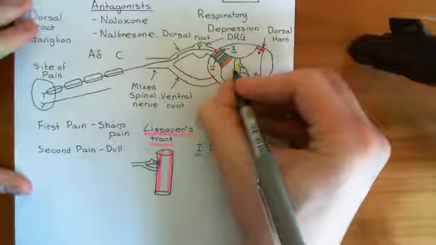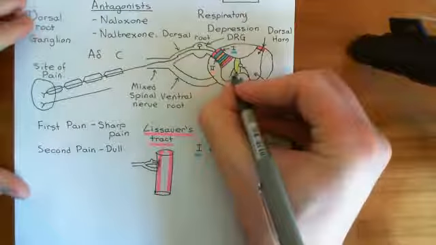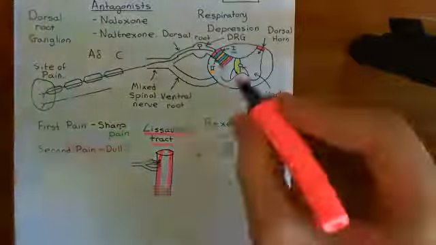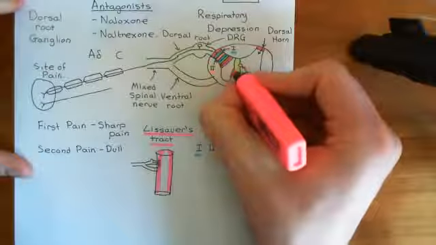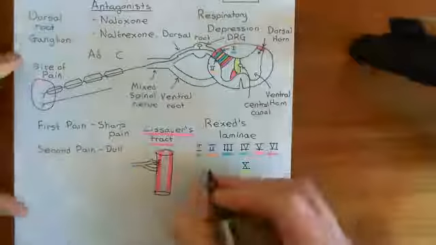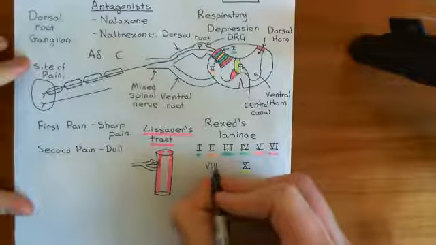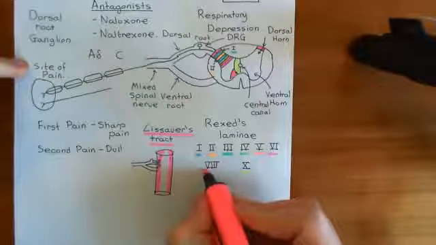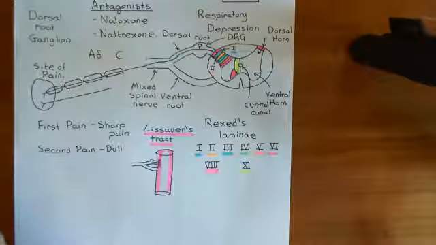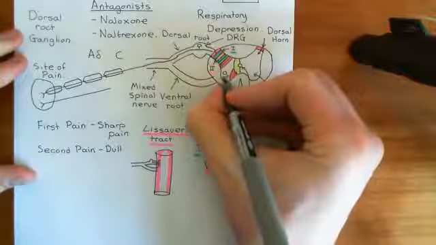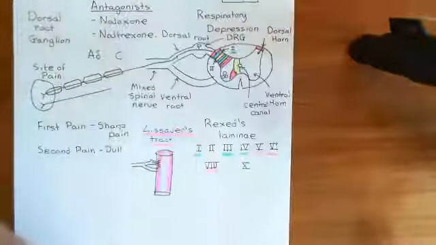Okay, so next up is Rexed lamina 8, which goes in here. Okay, and we'll put this in pink, I think. Okay, so this is Rexed lamina 8, like so. So 8 will fit in here. And now we want Rexed lamina 9. Rexed lamina 9 is split into 3 little portions. 1, 2, 3, like so.